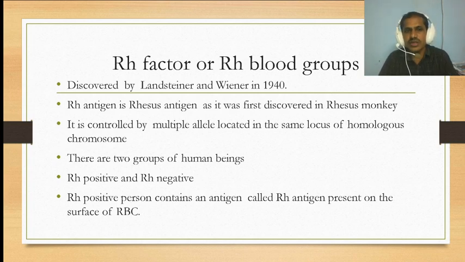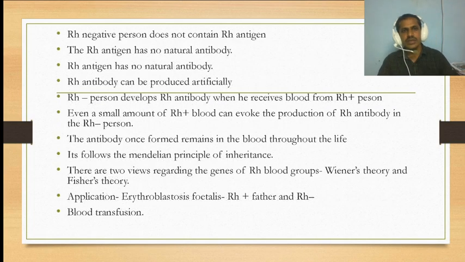It is controlled by multiple alleles located in the same locus of the homologous chromosome. There are two groups of human beings: RH positive and RH negative. An RH positive person contains the RH antigen on the surface of the RBC. An RH negative person does not contain the antigen.